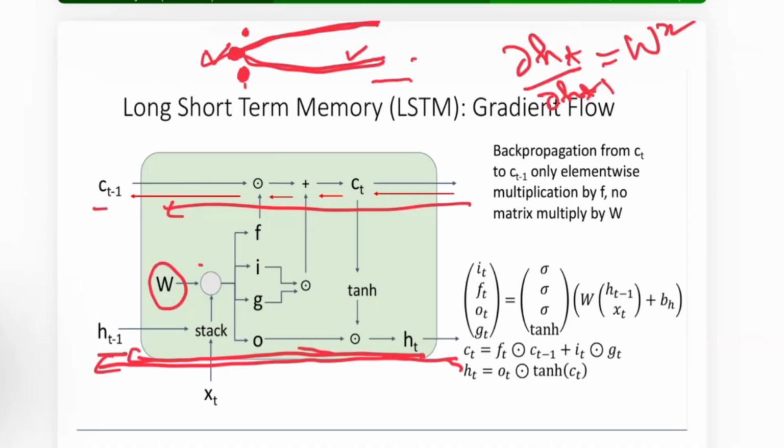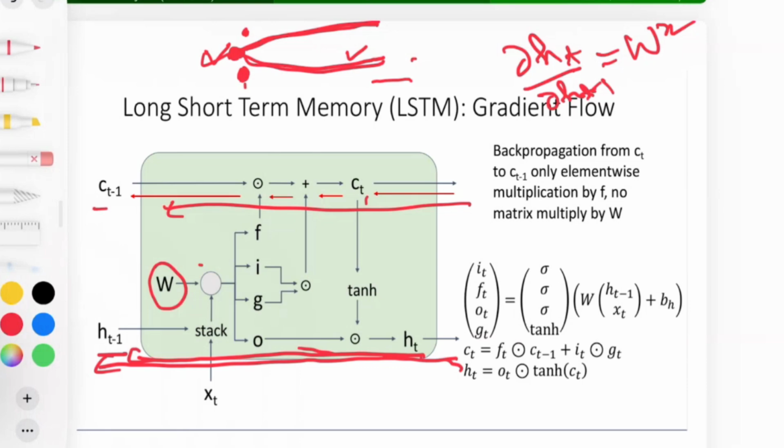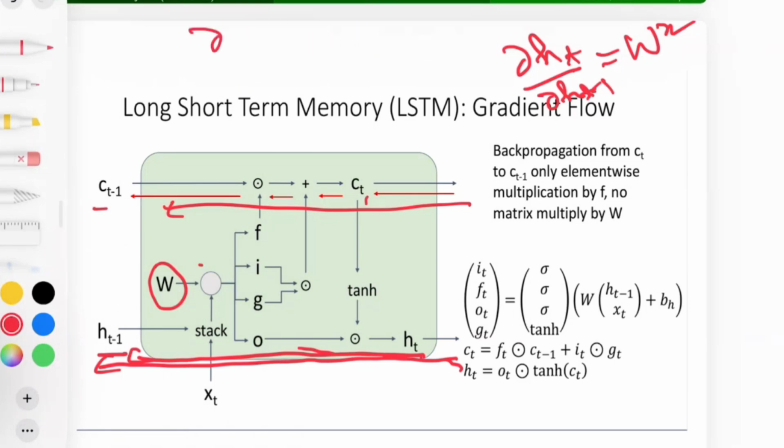In this path, if I want to go from C_t to C_{t-1}, what will happen? Let's see. I started from C_t and I want to go to C_{t-1}. That means I want to calculate del C_t by del C_{t-1}. I'm writing del, but it's a gradient: the gradient of C_t with respect to C_{t-1}.